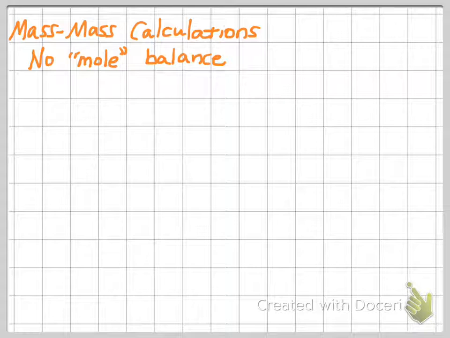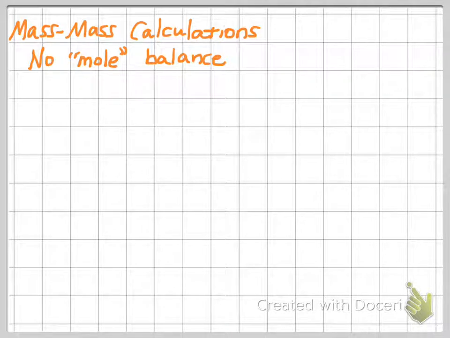So continuing here, talking about mass calculations, what this means is that you're given a mass and asked to calculate a mass. And keep in mind that there is no mole balance, okay? What that means is I can't just take some substance and put it on a balance and it'll tell me how many moles it is.